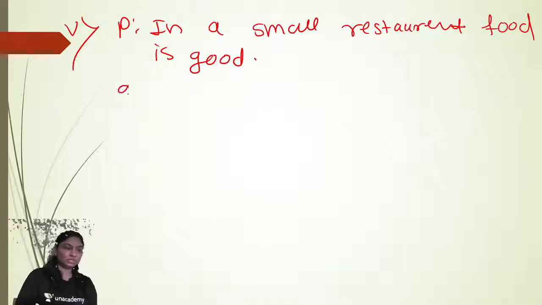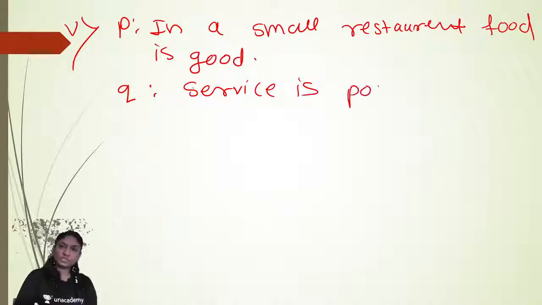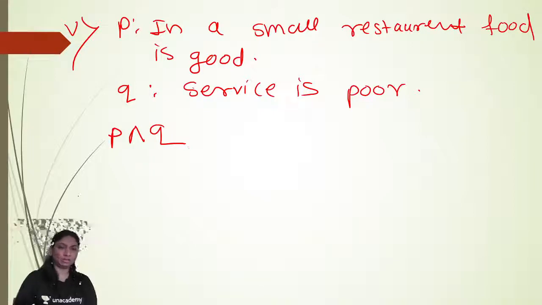And what will be your statement Q? Service is poor. Okay. So we can write here the propositional form: in a small restaurant, food is good and service is poor. And logical connective.